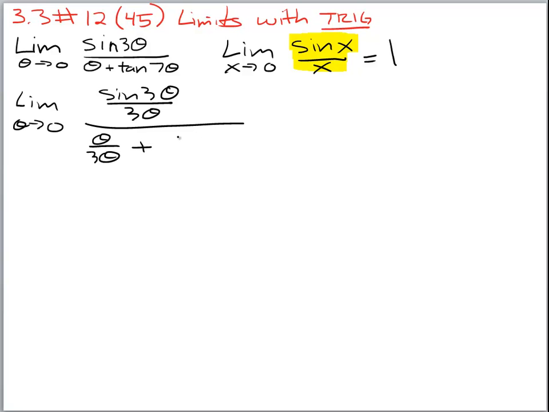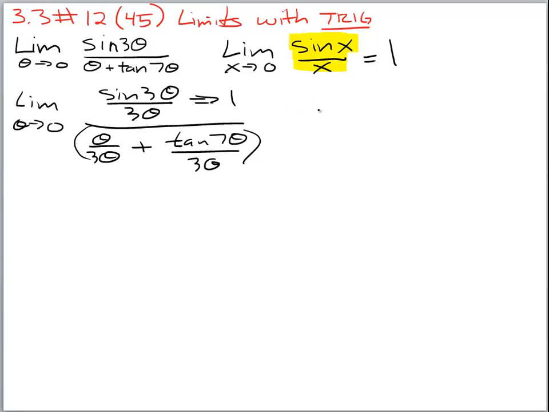Plus, well, we'll just do it in steps, tangent 7 theta over 3 theta. Okay, so we know the top is going to be 1. Now we need to deal with the bottom.